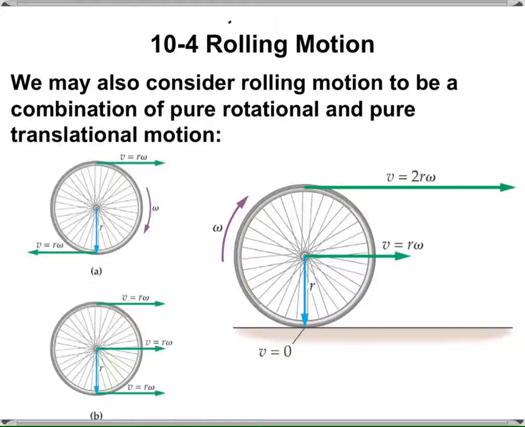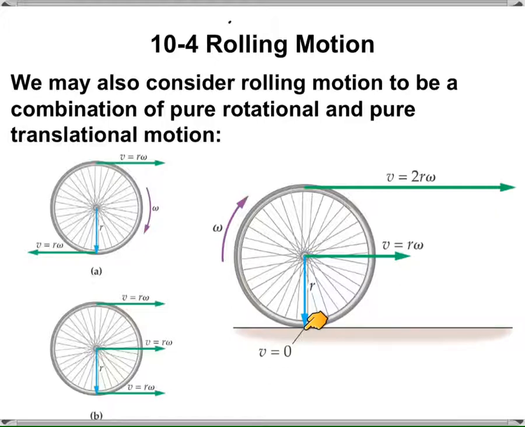One is rolling, and the other is the translational motion of the center of mass of the wheel. And I said, if the center moves with a velocity of v, then the point of the wheel that touches the ground has zero velocity or speed.